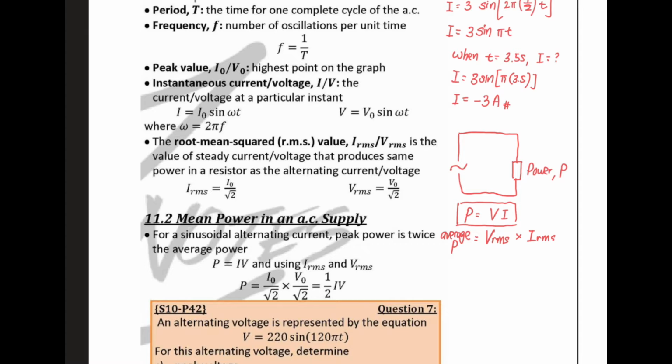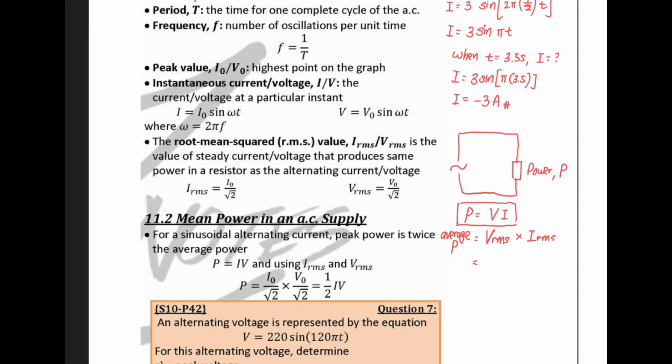So what are root mean square voltage and root mean square current? We take this formula: I naught divided by square root 2, and on the other side V naught divided by square root 2, and then we get the root mean square value. The root mean square value is something like the effective value.